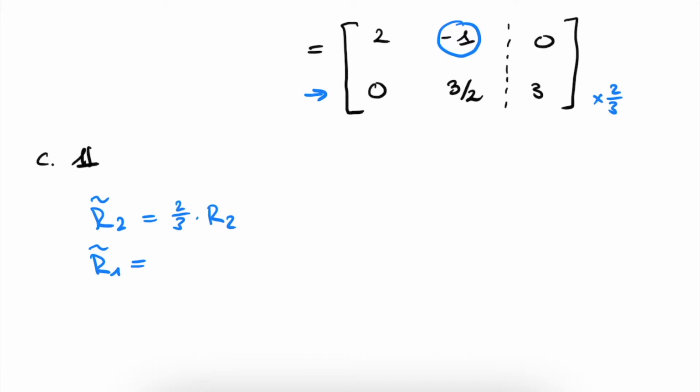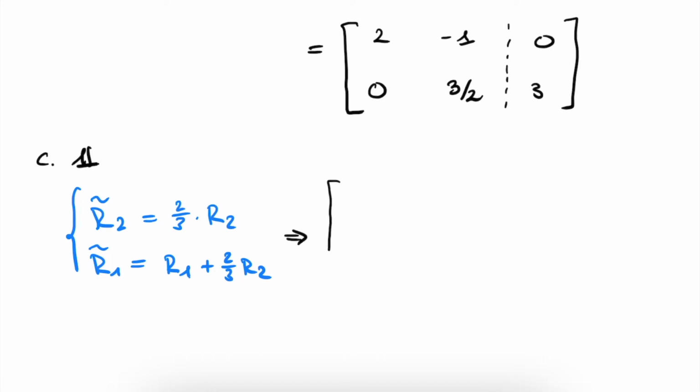Because we see again that if we multiply this row by 2/3, this element will become a 1. And if we add this element with this element, we will indeed get 0, which is exactly what we want. So let's write that down right now. So we know that the new first row will be the old first row plus 2/3 times the old second row. And these are our two row operations that we will now cover.